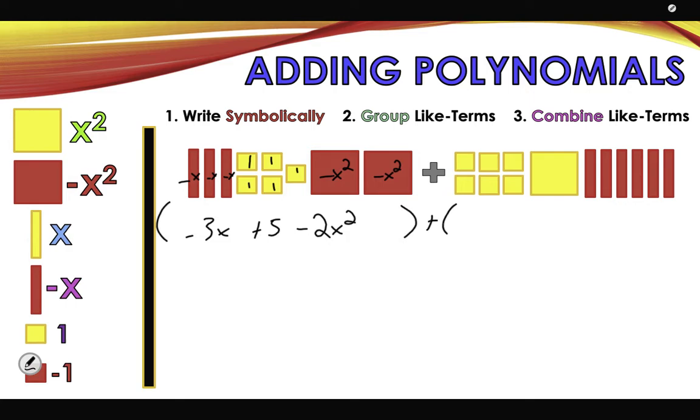And then I'm saying, let's add 6, and that's an x squared. And there are 6 negative x's there.